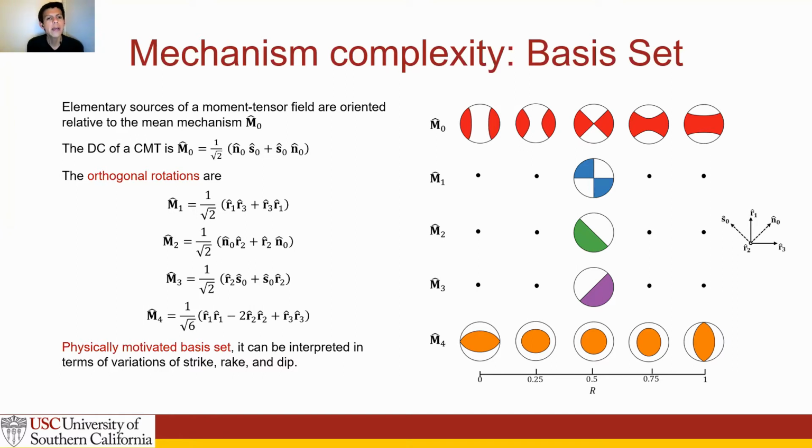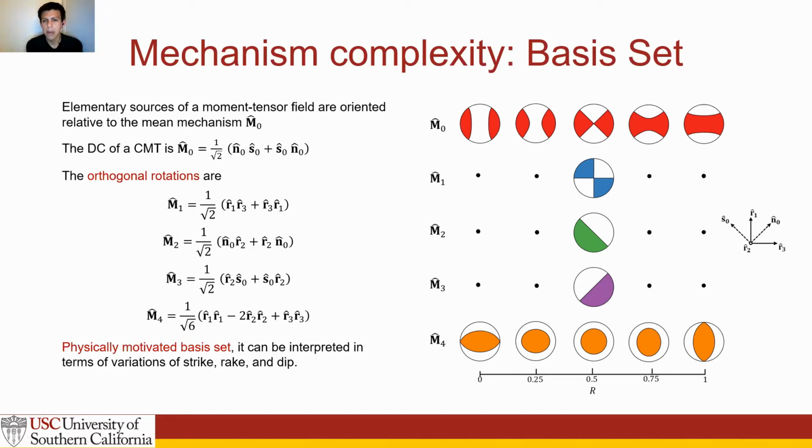Here I'm showing the moment tensors M1 to M4, which are given in the right-hand plot. We see that the CMT depends on the values of R. M1 represents variations of strike if we consider right lateral faulting. M2 describes the variations of rake, and M3 the variations of dip.